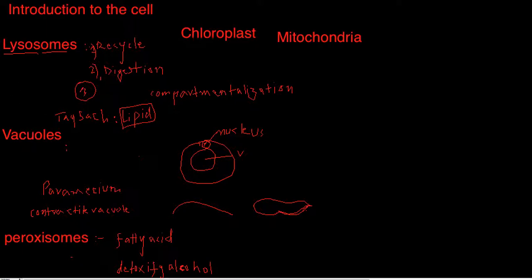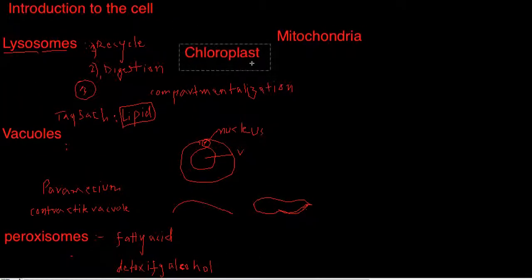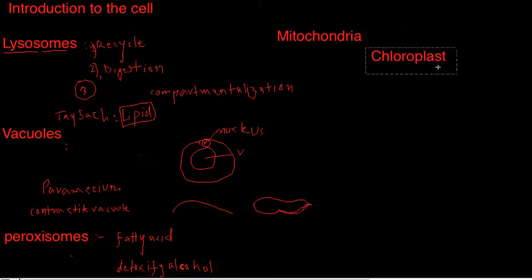Now, chloroplast and mitochondria. Just a reminder, all these organelles are membrane-bound organelles, which means they have a membrane around them.